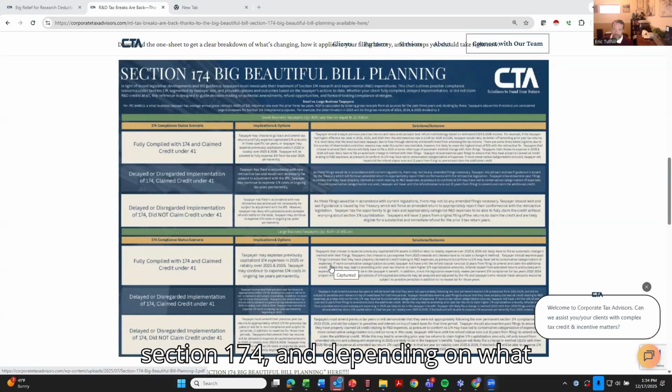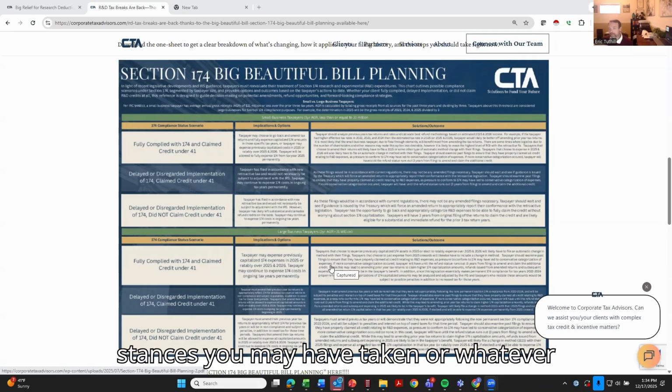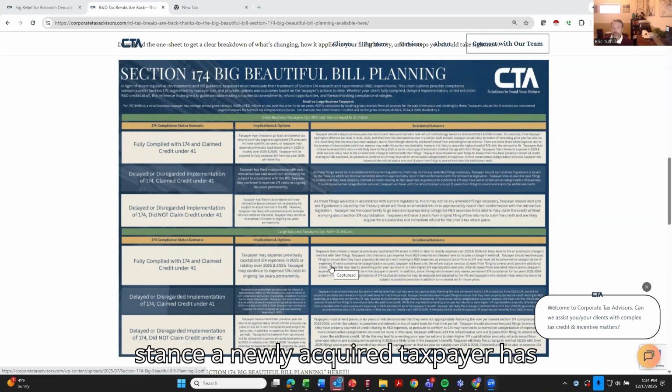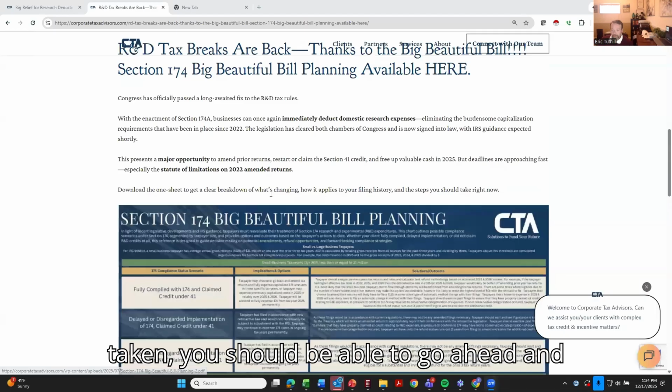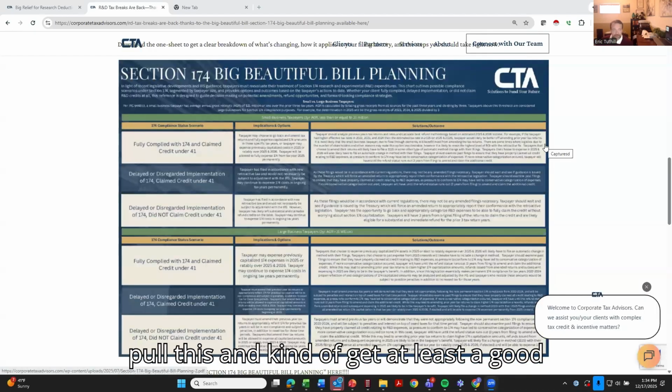Depending on what stance you or a newly acquired taxpayer may have taken, you should be able to pull this and get at least a good idea of things.